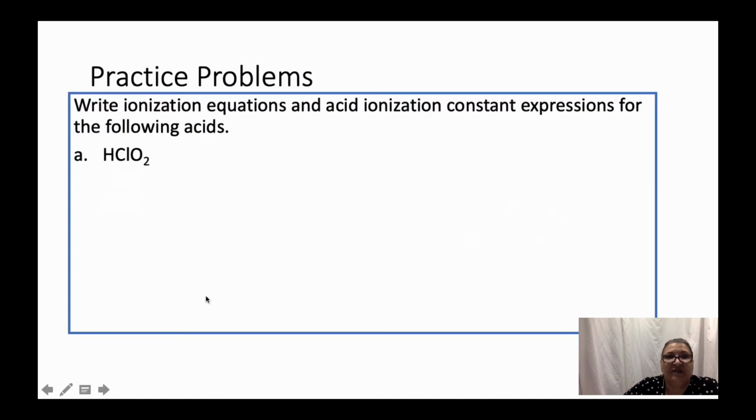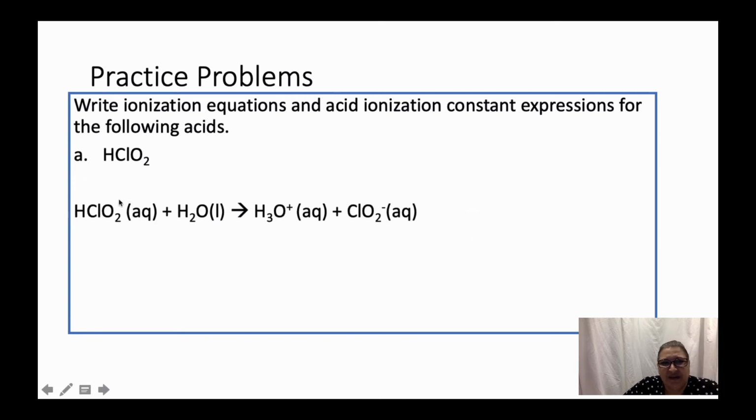So some problems: write the ionization expressions for the following acids. So we have HClO2. Now we know that this is an acid. It's going to donate a hydrogen. So when it donates a hydrogen, water always becomes a hydronium ion, which is H3O plus.